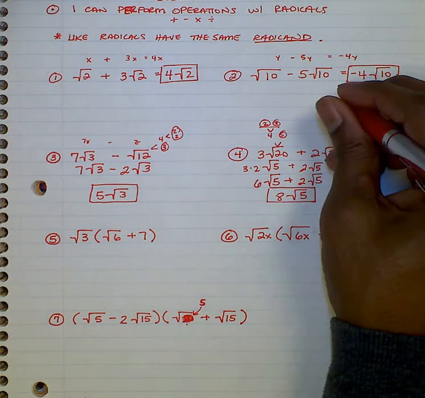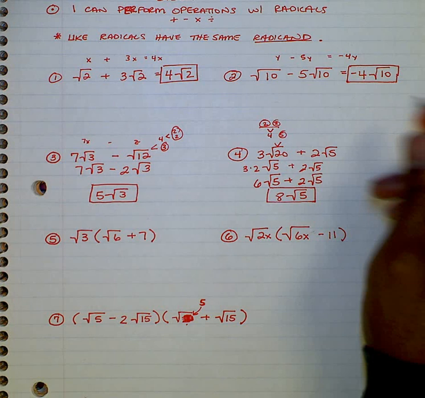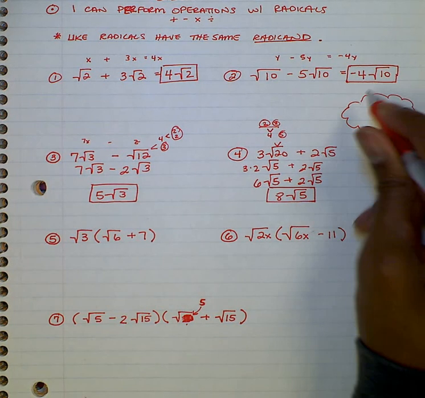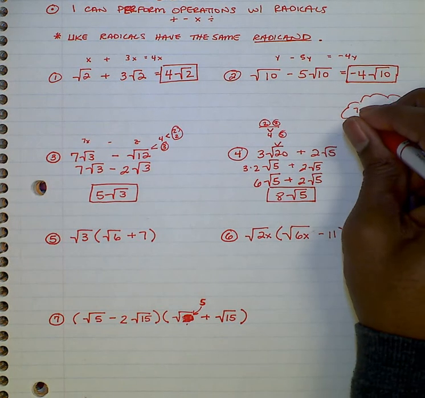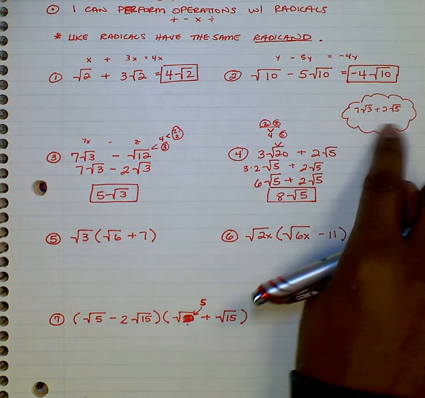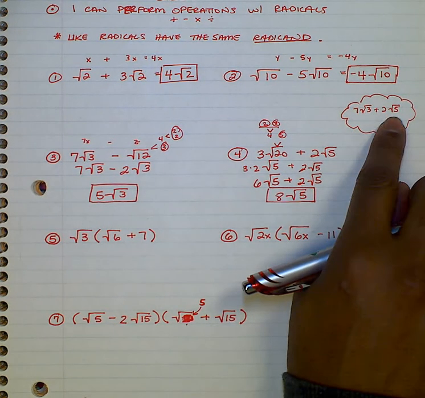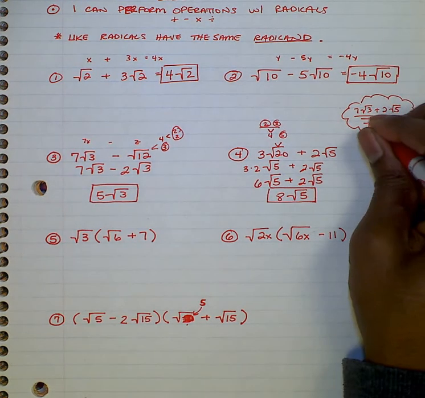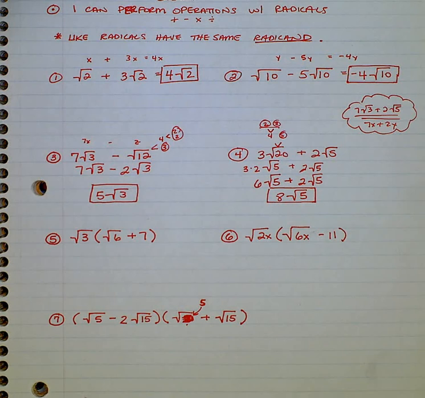You don't have to write this down in your notes. If I had 7 radical 3 plus 2 radical 5, there's no way that I would be able to write this out any simpler. This would be my final answer. It would just be like me saying 7x plus 2y. I simplified it as much as I can. This is it.